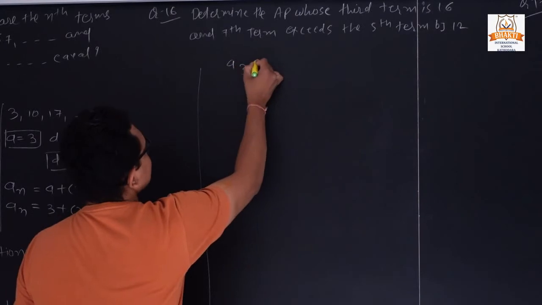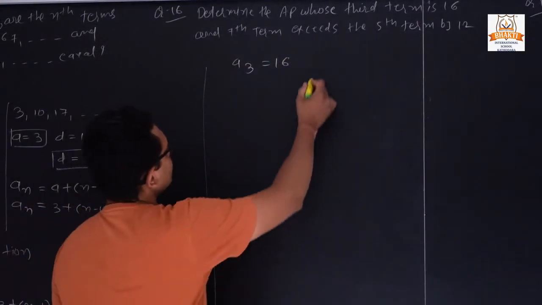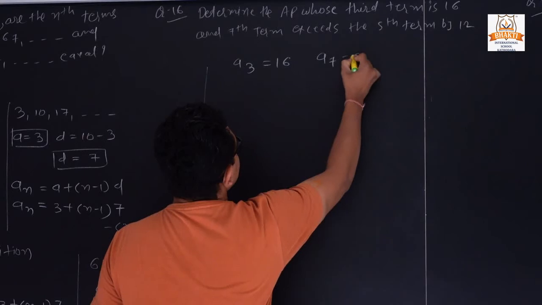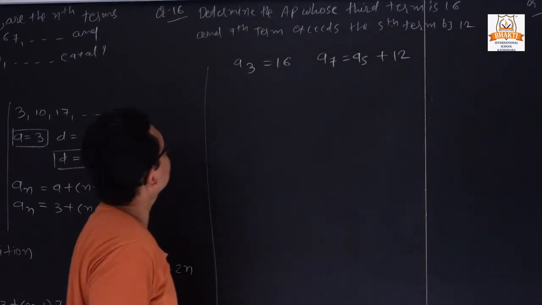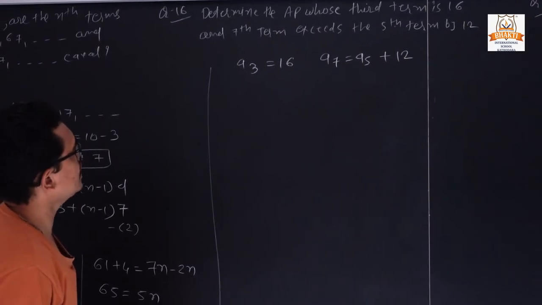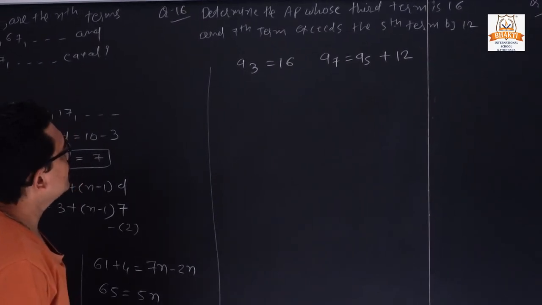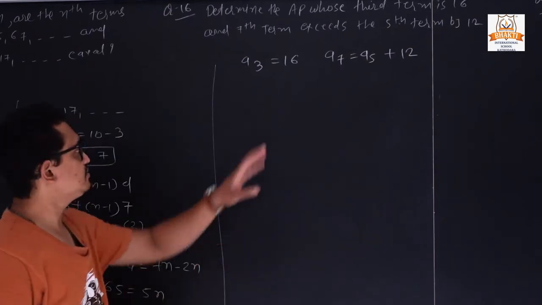So A3 is equal to 16, it is given, and the 7th term exceeds the 5th term by 12. Determine the arithmetic progression whose third term and 7th term are given.